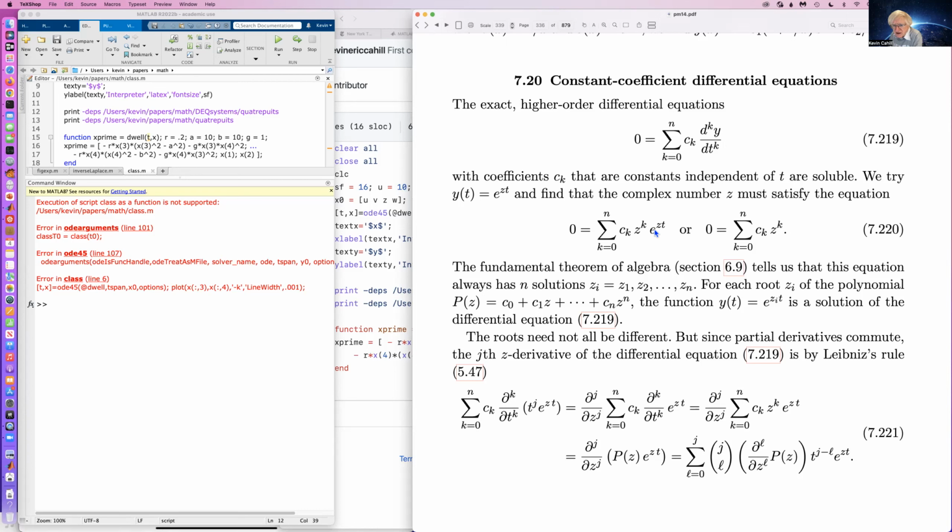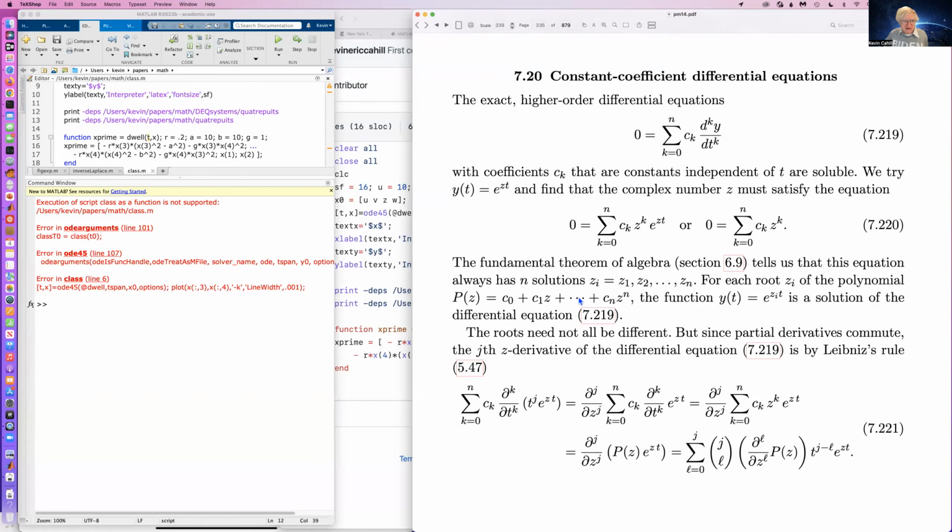So you can factor out the exponential and you just have a polynomial equation. Well, we learned that every polynomial equation has solutions, and if it's nth order, it has n solutions. And so you write y of t as e to the z_i t, where z_i is one of the roots of this polynomial.